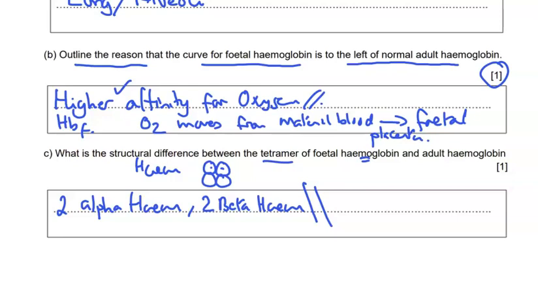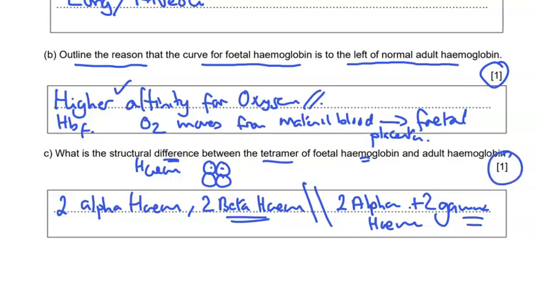Contrastingly, the adult hemoglobin has 2 alpha and 2 gamma heme groups. And so the difference, which is what the question wants, is between the beta and the gamma groups, which are here. 1 mark for that explanation.